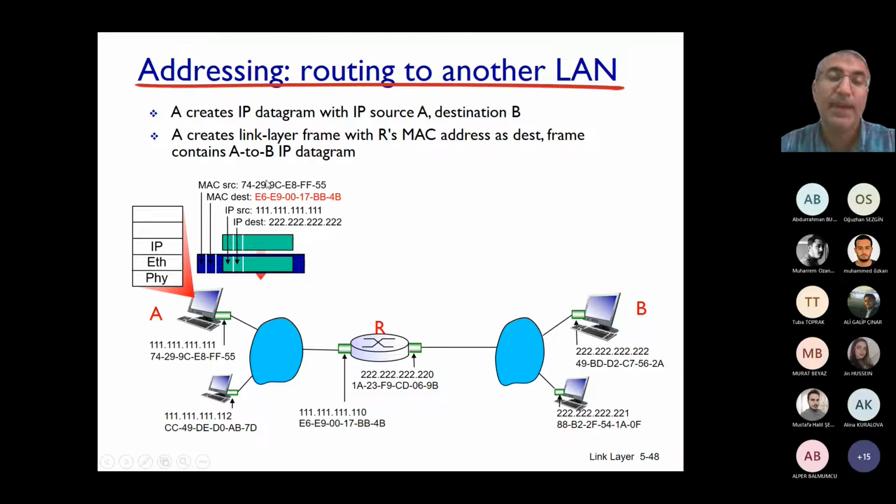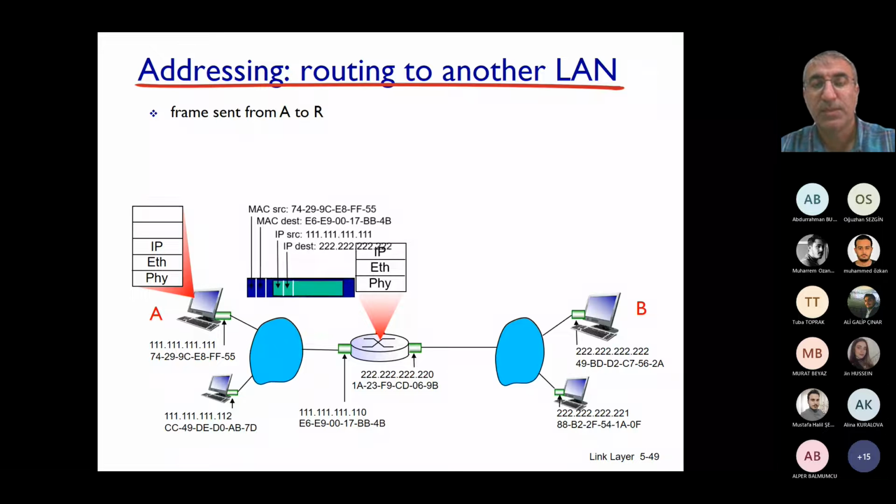The source MAC is the MAC address of A. The destination MAC address is the physically connected adjacent router, not B's MAC address, okay? It's the MAC address of the adjacent router. After forming this frame, we are ready to transmit it over the physical link.